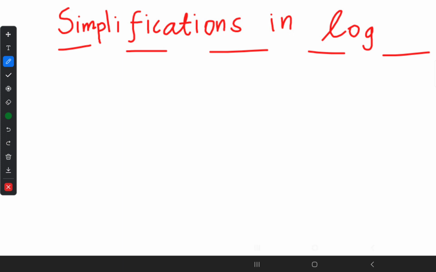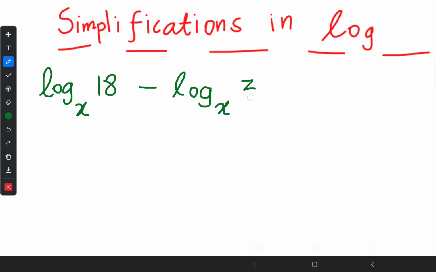Then, log base x. We don't know what this x indicates, but log base x of 18 minus log base x of 3. We are going to operate this logarithmic simplification. The bases are the same.